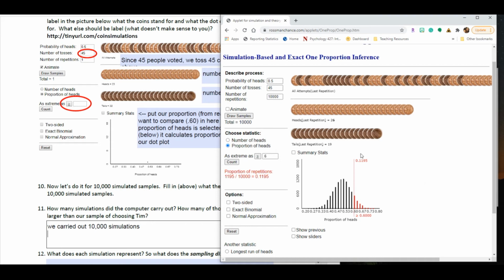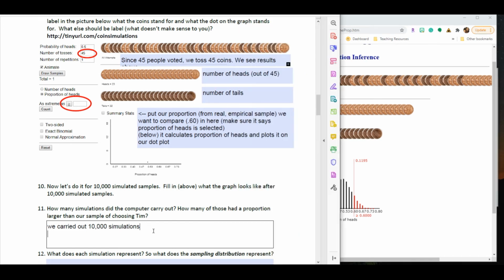So how many of those are after this cutoff point? And you see how if we have a bunch of dots on a dot plot, it eventually turns into a histogram, right? Because we're just squishing all those dots into stacks. So here we can see the number that were at least like our sample is 1,195, and that's what I got. 1,195 proportion at least as large as our empirical sample, our real sample.